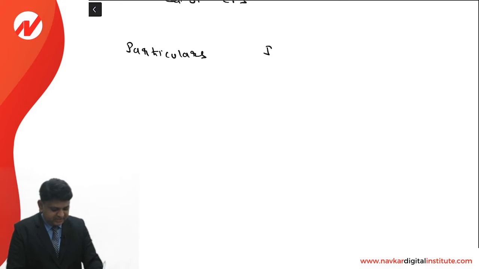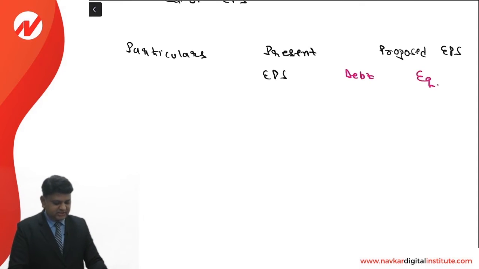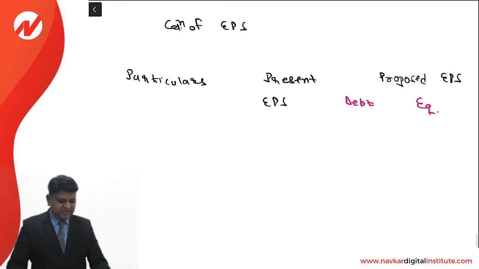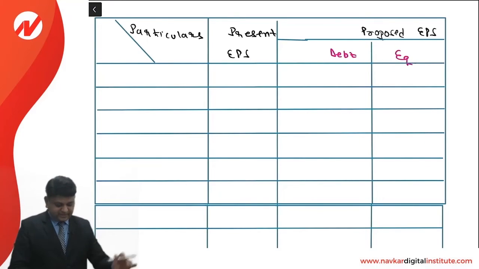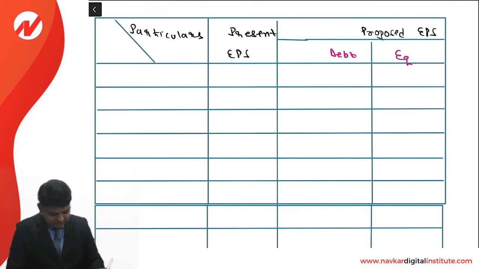The second column is present earning per share. Next is proposed earning per share. In that, one is debt financing and another is equity financing. That is the way we are required to make the calculation. So let us make the calculation of the earning per share, dear students.